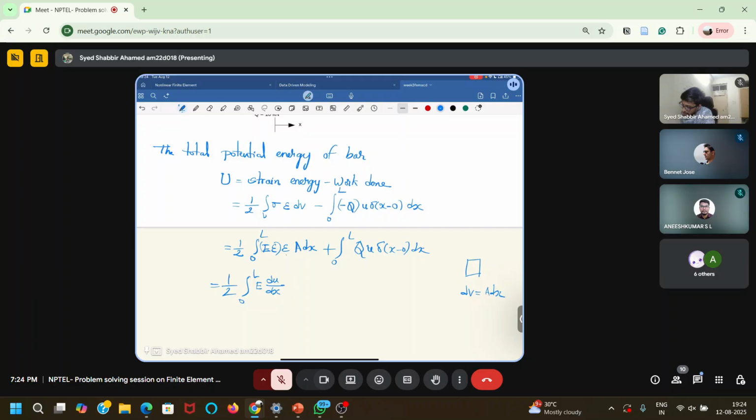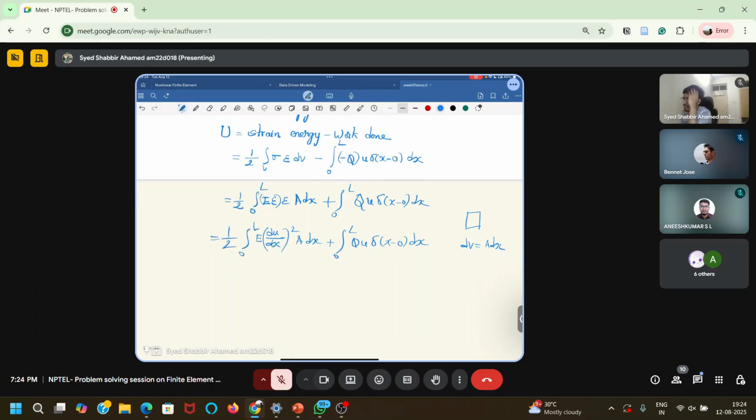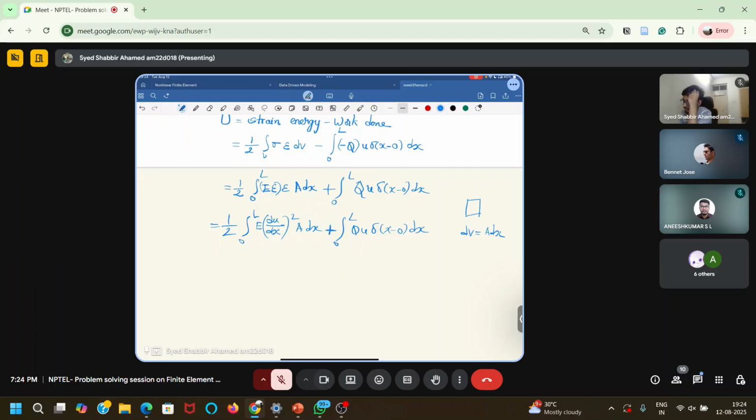If you take epsilon square, we can write this as du by dx whole square. So this is the total potential energy of the bar.